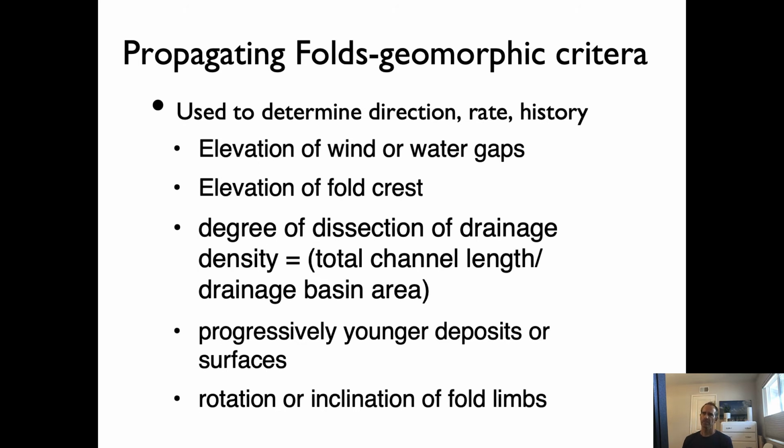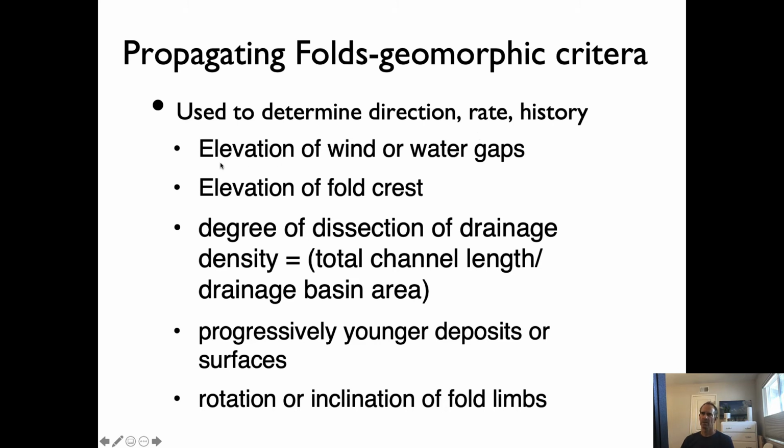There's a couple of geomorphic criteria, and by that we mean things that you can look for in the landscape that would suggest that you have an actively propagating fold. These can be used to determine the direction the fold is growing, the rate, and possibly even the history.